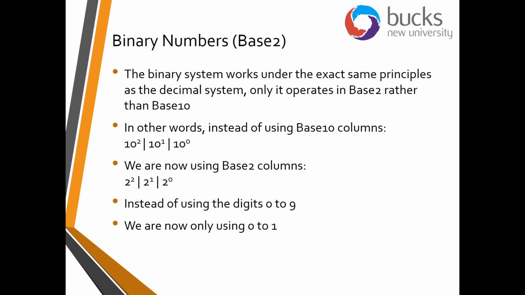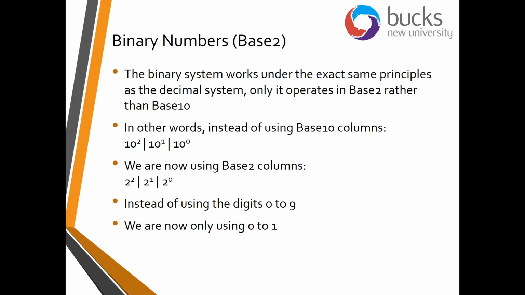The binary system works under the exact same principles as the decimal system, only it operates in base 2 rather than base 10. In other words, instead of using base 10 columns, 10 to the 0, 10 to the 1, 10 to the 2, we're now using base 2 columns, 2 to the 0, 2 to the 1, 2 to the 2.